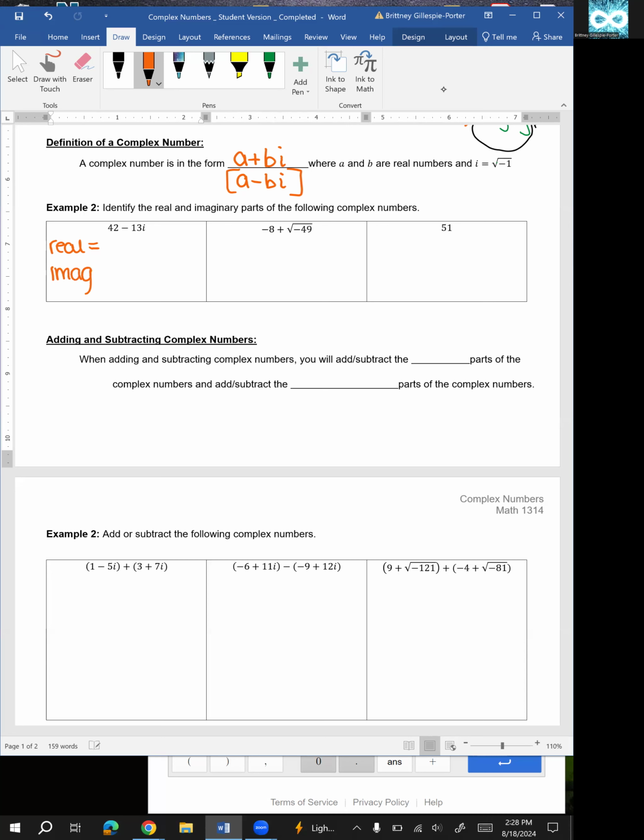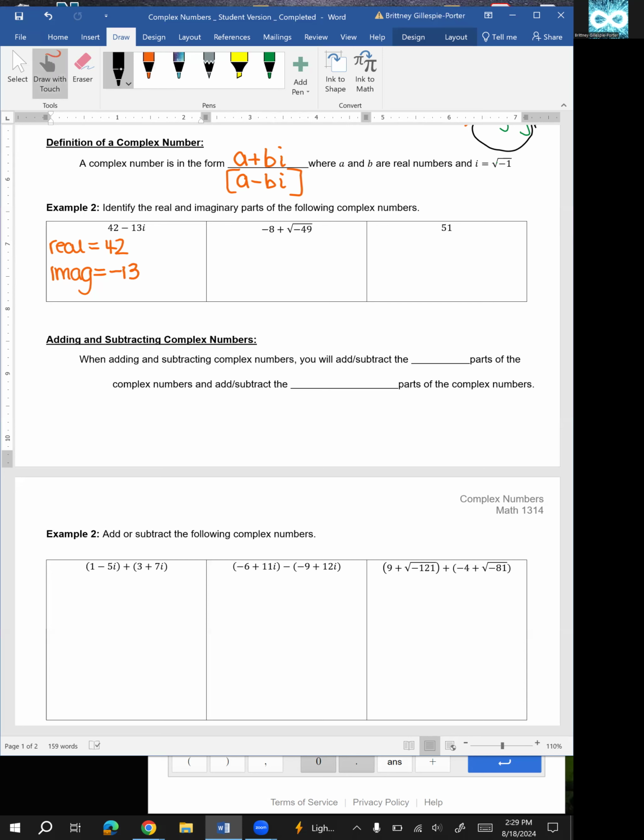One has an i, the other doesn't. Or if you look at it, one's real and one's imaginary. Here, our real part is 42, and our imaginary part is -13. You have to carry the sign with it. We don't write the i because we're already saying it's imaginary, which means that we assume the i is included.